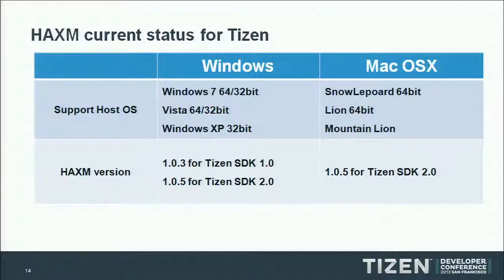And on the Mac OS, because the Tizen SDK currently only runs on the 64-bit Mac host, we support Snow Leopard 64-bit, Lion 64-bit, and Mountain Lion. And currently, the HAXM version for the Tizen SDK is 1.0.5.